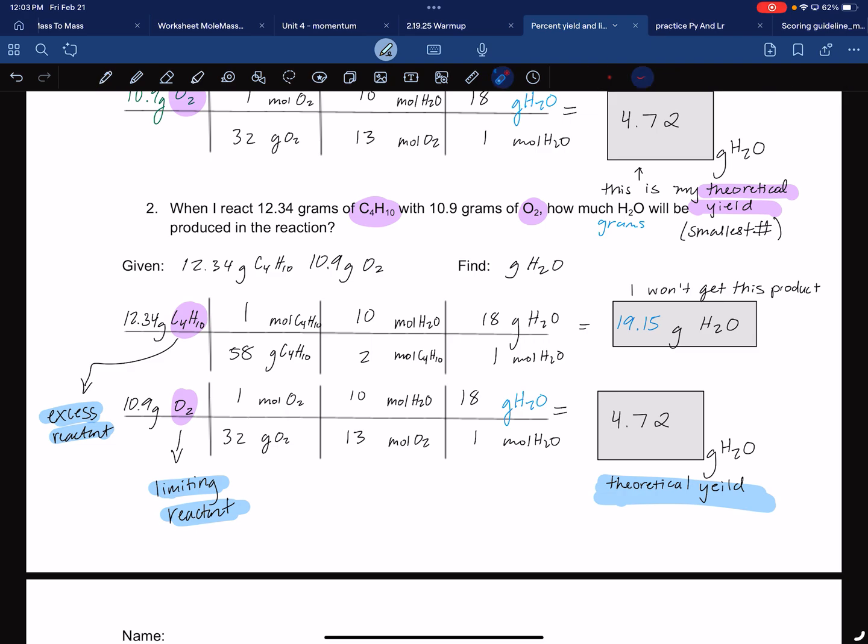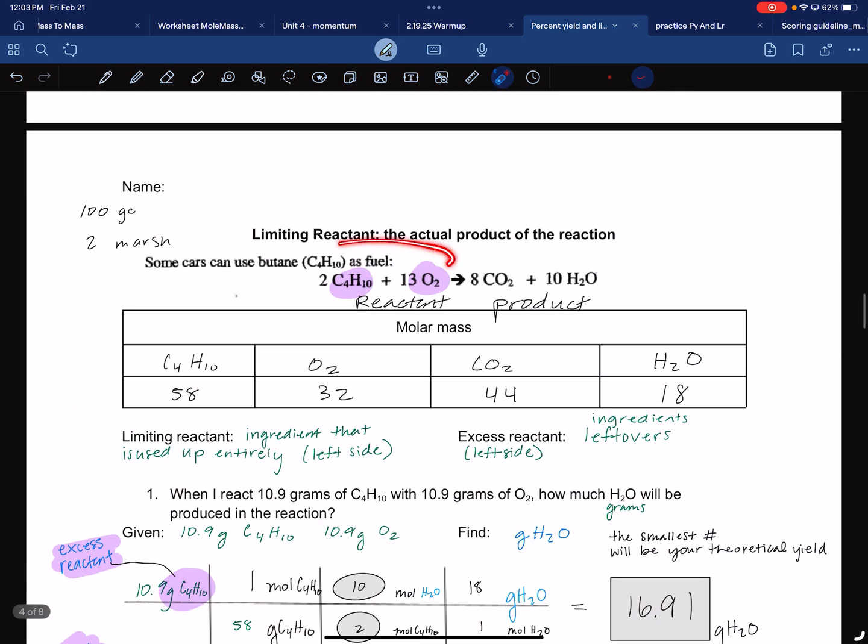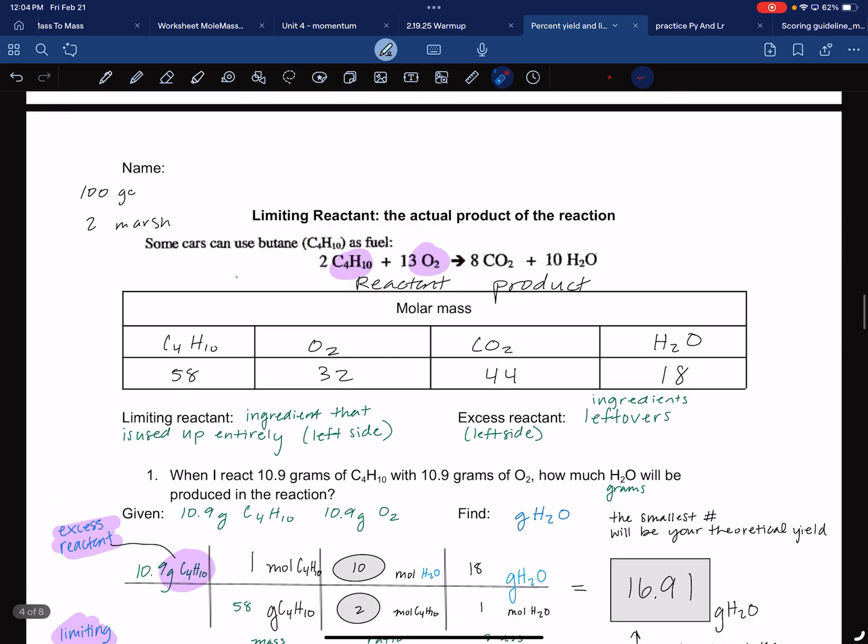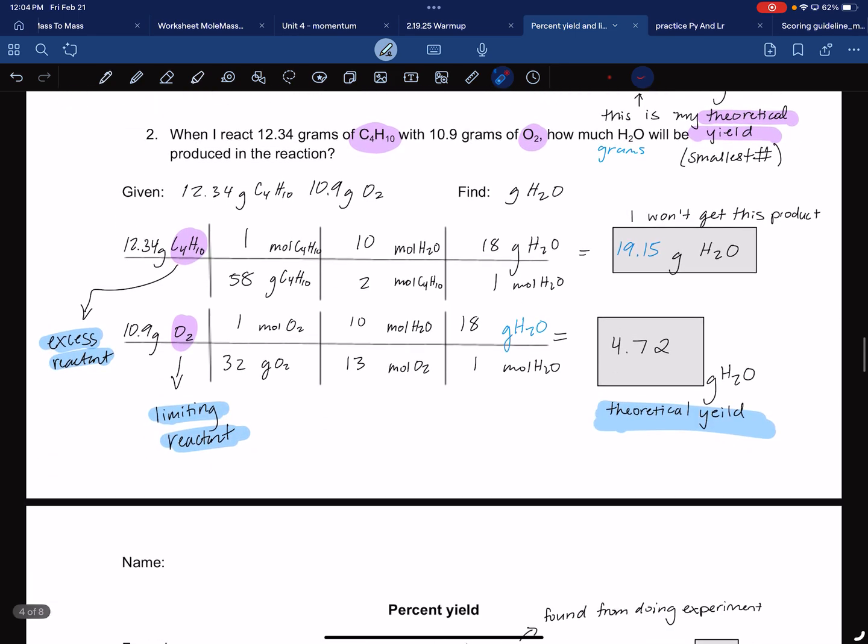We need to find which one is going to be the limiting reactant, and we were able to determine after doing our calculations which one was going to be my limiting reactant in my equation, where I have 2 reactants, based on how much of a specific product they produce. So the goal of both of these is to find the same thing, grams of whatever product. So I was able to determine that between these 2 numbers, this is going to be my theoretical yield.